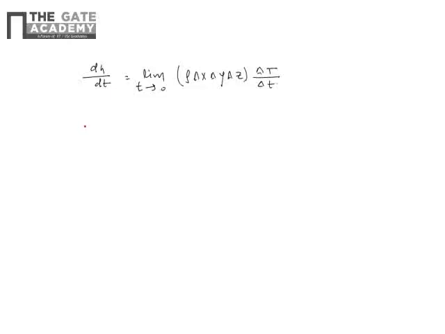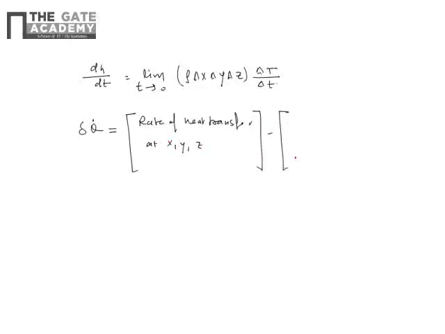And if we apply the energy balance, all the energy interactions is rate of heat transfer at x, y, z minus rate of heat transfer at x plus delta x, y plus delta y, z plus delta z.